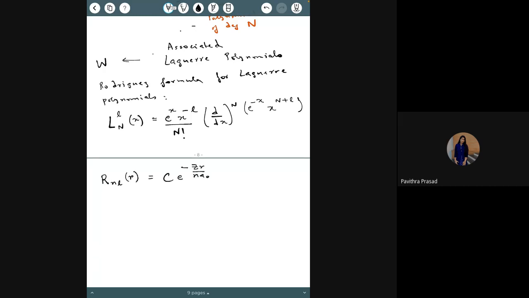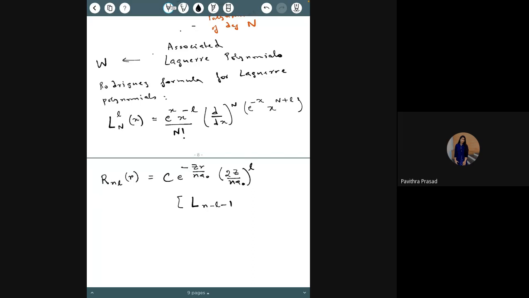So that's my rho. Then I have z by na0 whole to the power l, and then multiplied with the Laguerre polynomial for n minus l minus 1.